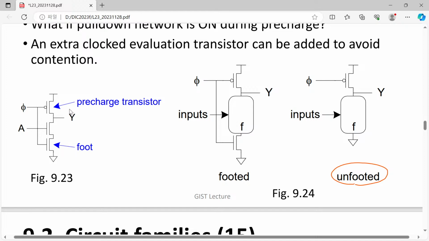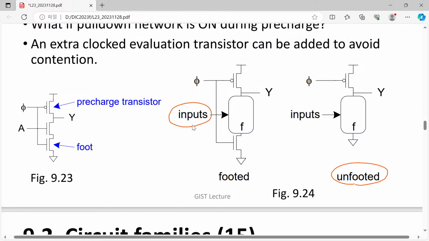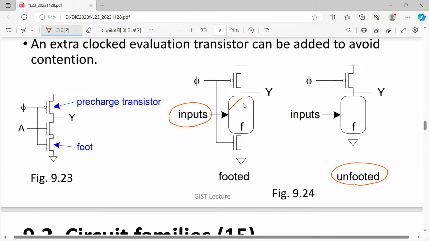Of course, I wanted to say that if we have a certain case where the input is always such that the pull-down network is always shut down, then we don't have to include this PMOSFET.